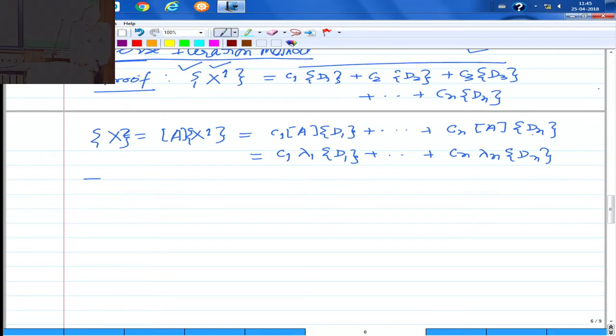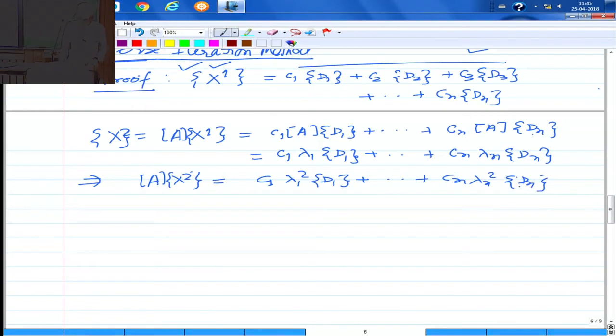Now if I again do A into x2, what do I get? x2 is already this, so if I multiply again with A, I will have A into D1, which is lambda times D1. So you will get C1 lambda 1 square into D1, and so on, plus Cn lambda n square into Dn.